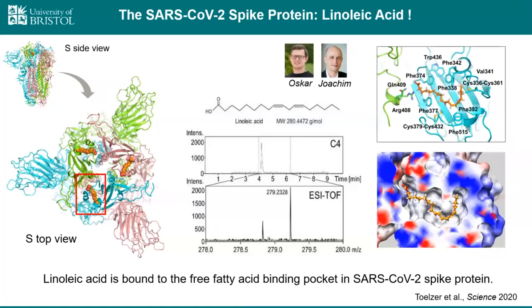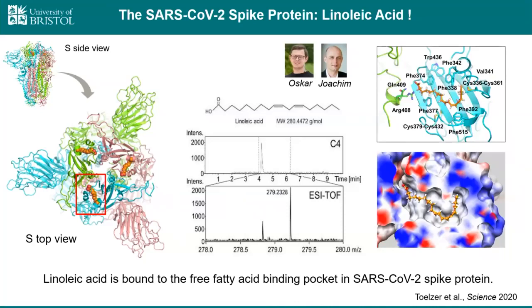And there is the carboxyl group of linoleic acid, which is coordinated by an arginine and a glutamine. And these are provided by the neighboring receptor binding domain in the spike trimer.